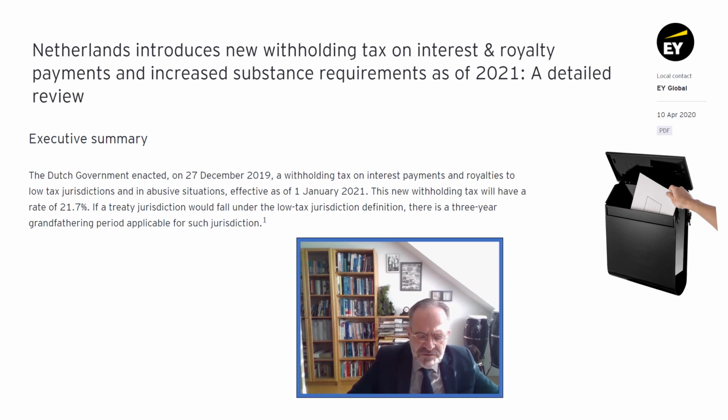One of the initiatives is that if money flows into the Netherlands from interest payments or royalty payments, and is subsequently transferred to a low tax jurisdiction, it will be taxed in the Netherlands with a so-called withholding tax of over 21.7%. For the rest, we will not discuss this in any more detail because this is tax law and that's a bit outside of the scope of this course.